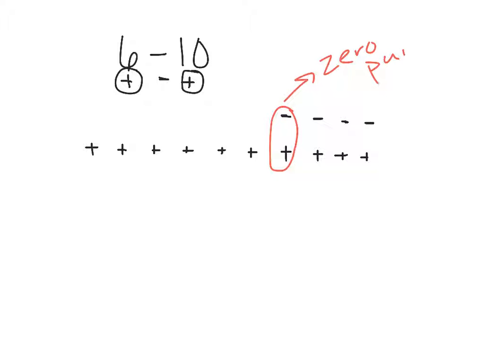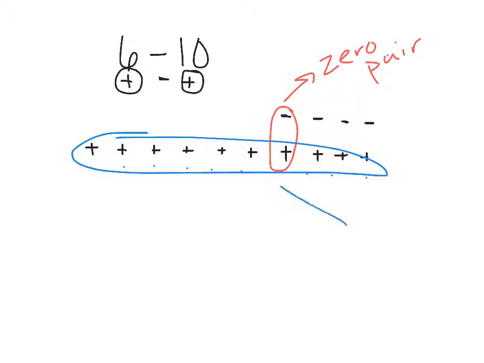So it hasn't changed the value of what I'm starting with, positive 6. So if I want to take away 10 positives, 1, 2, 3, 4, 5, 6, 7, 8, 9, 10. So if I take those away, what am I left with? I'm left with 4 negatives.